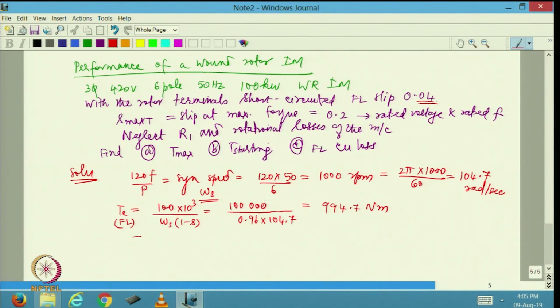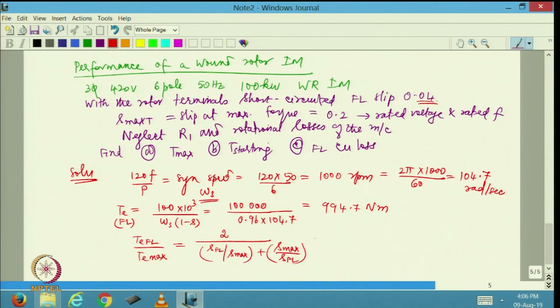Now, TE full load divided by TE max, I think we actually talked about this expression earlier. This will be 2 divided by S full load divided by S max plus S max divided by S full load, right.